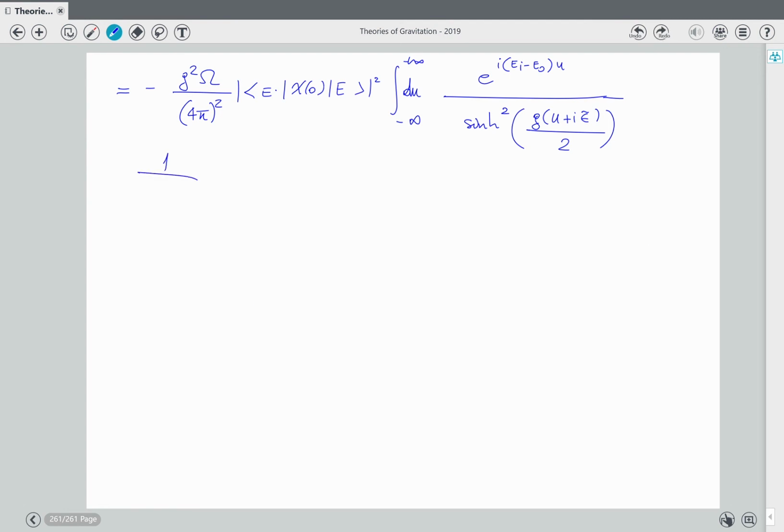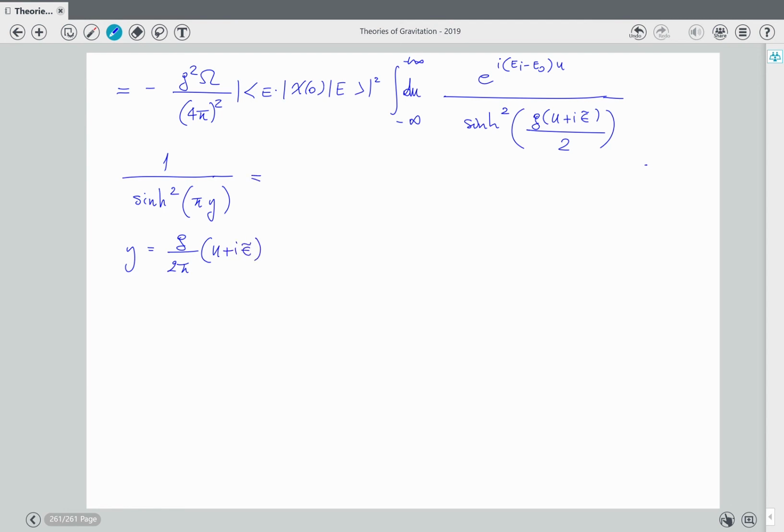The identity says the following thing: 1 divided by the hyperbolic sine squared of something, which we will write as pi y. So y will be g divided by 2 pi times u plus i epsilon tilde.